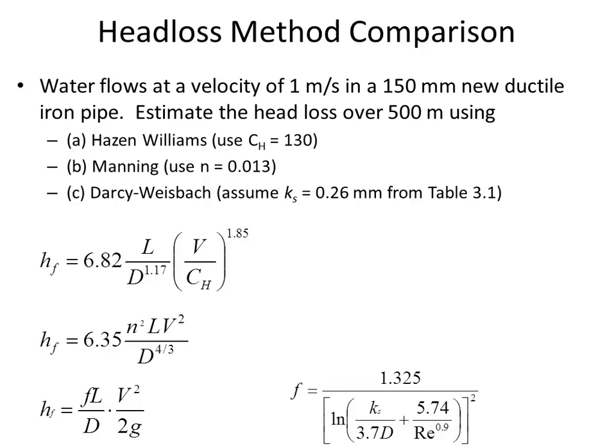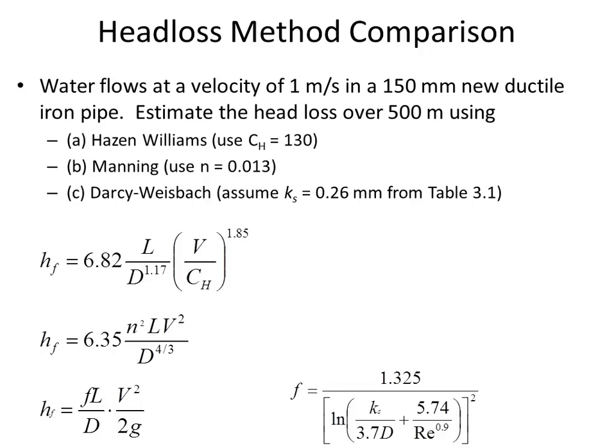All right, so according to, first of all, the Hazen-Williams approach, the h sub f is going to be 6.82 times the length, diameter to the 1.17 power, velocity, over C sub h to the 1.85. So 6.82, the length here is 500 meters in pipe, 0.150 meters to the 1.17 power.